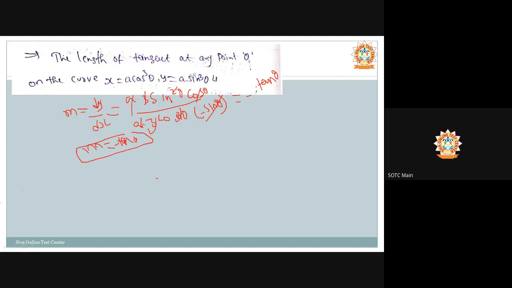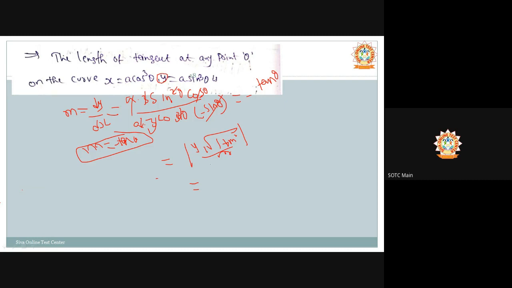So now what is the length of tangent? That is mod of y1 under root 1 plus m square divided by m, right? So substitute in the place of tan theta as minus m in the place of m, as minus tan theta, and tell me what is coming. Y1, just simply assume this value only, because they haven't given the y value.